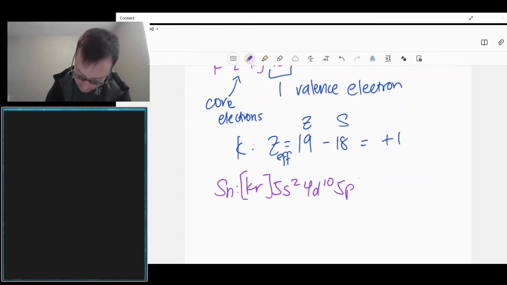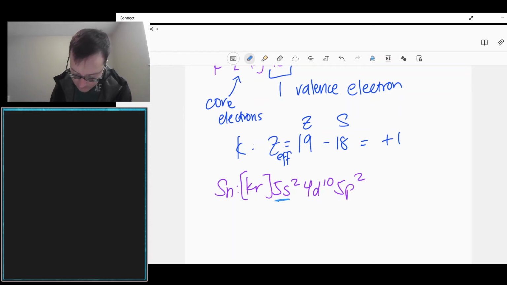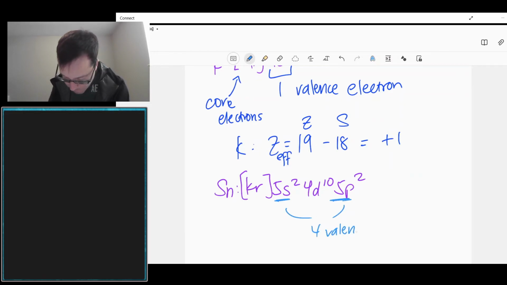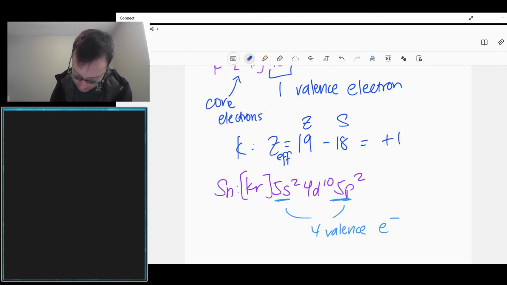Yeah, 5p2, that's tin. All right, found the periodic table. Important to remember that the highest shell is these two. Only s and p orbitals count, because d is not part of the highest shell. It's in shell 4, which is going to be core electrons. So d electrons are always core. I want to remember that.